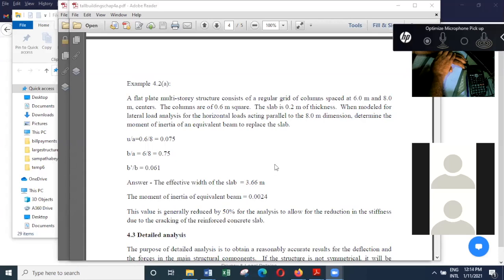So those are the important things you have to keep in mind when you are doing 3-dimensional modeling. If the time permits, today we'll see whether we can have a small, brief session using SAP 2000.